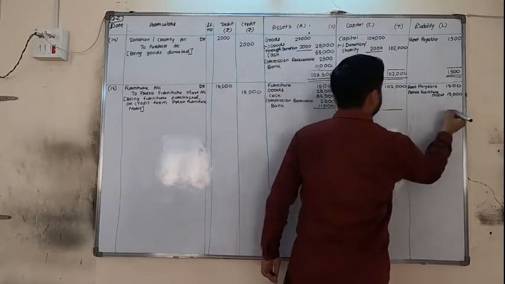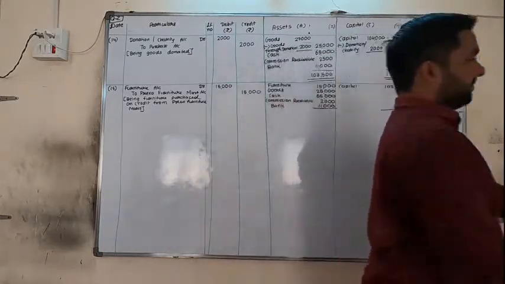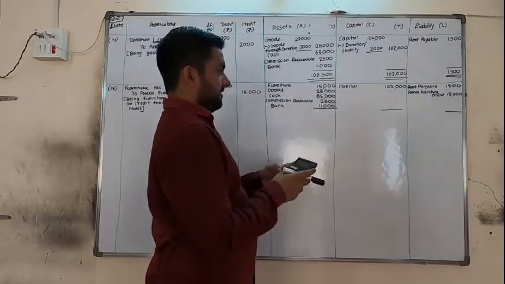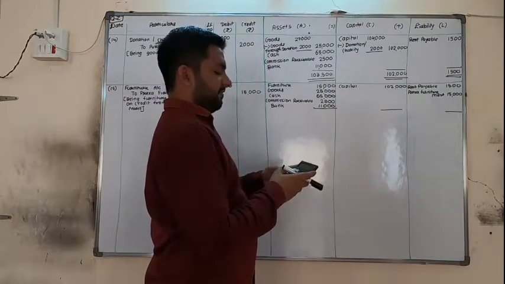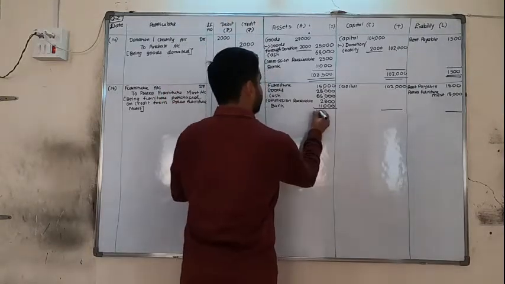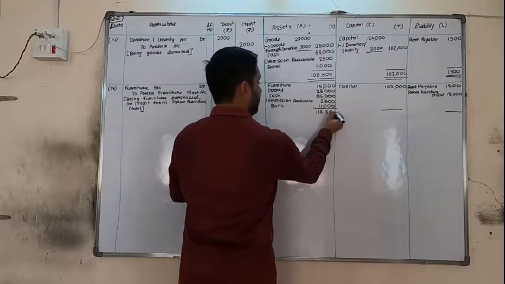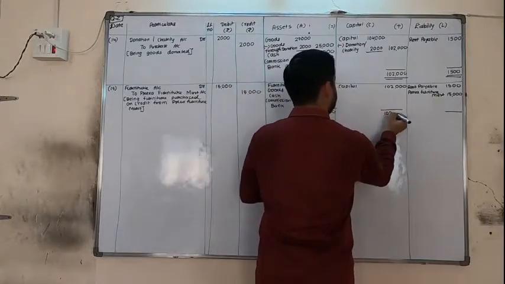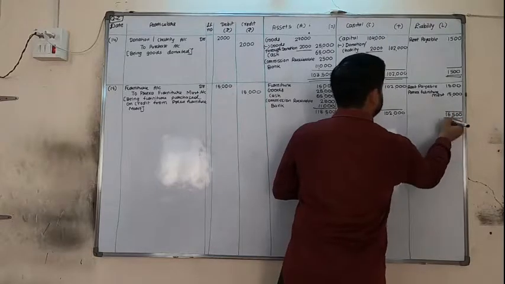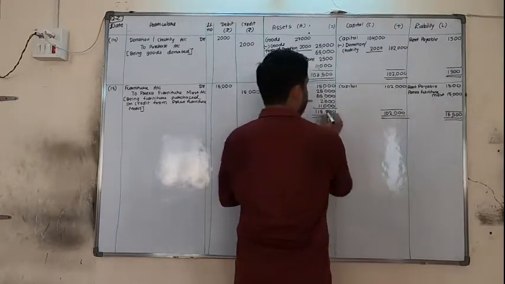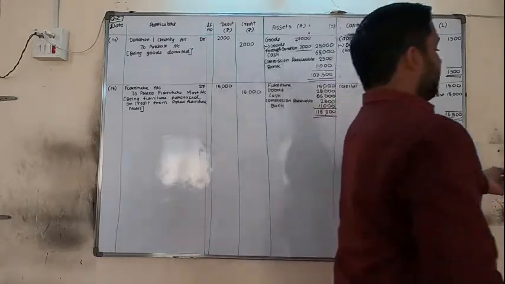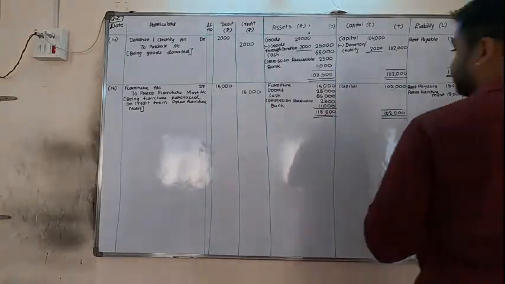Let's take the total. 15,000, 25,000, 65,000, 2,500 and 11,000. 1,18,500. Here 1,02,000. Here 16,500. So you can see the totals are equal. 1,18,500 is equals to 1,02,000 plus 16,500, so it is 1,18,500 itself.